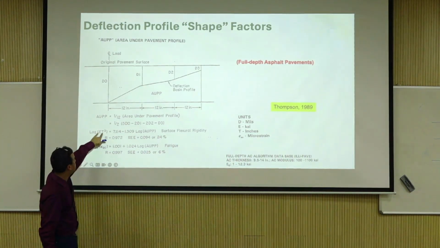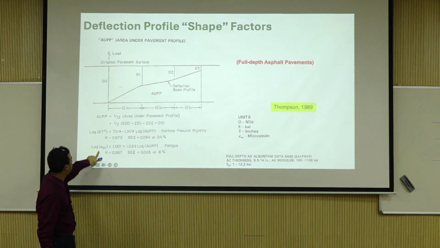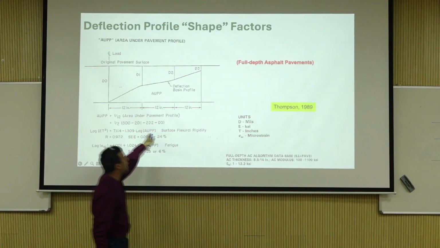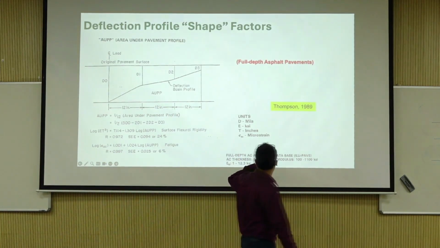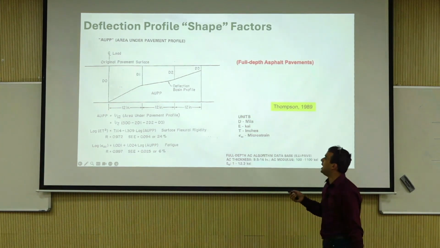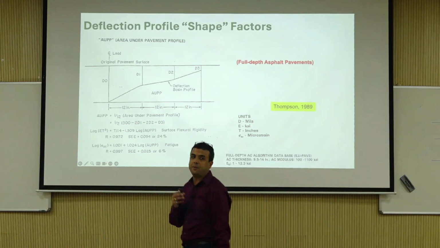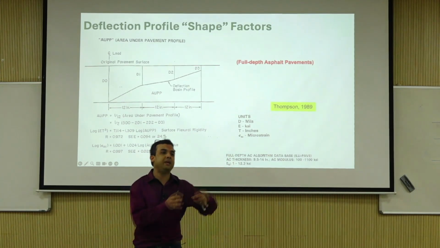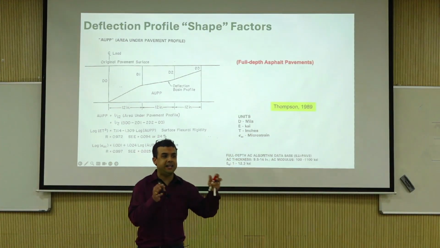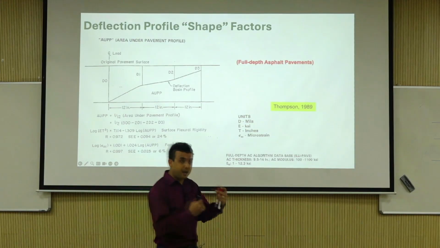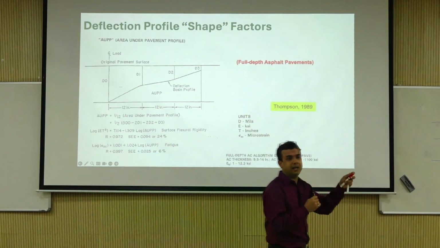And then they were able to link that to asphalt modulus, which is log E multiplied by T cubed, where T is thickness, and epsilon AC, which is the lateral or horizontal strain in the asphalt layer. So this is all done mechanistically, and if this is what your area or your FWD data is giving you, then you should be able to get some idea about what the strain and the modulus are, without running full-fledged back calculation.